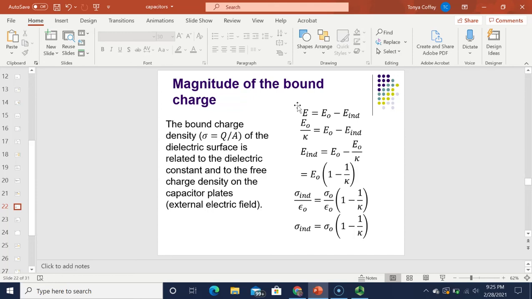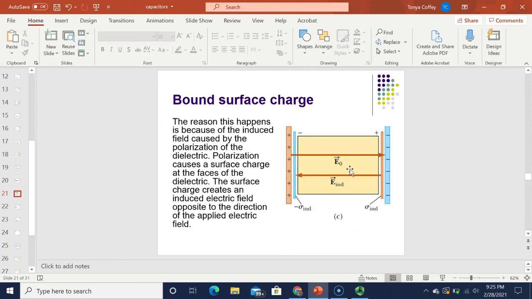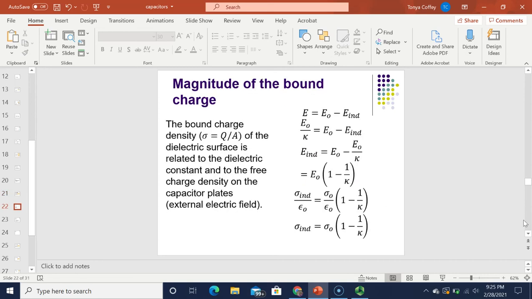We have an electric field that's equal to E naught minus E induced. E naught is the field in between the plates of the capacitor, and the induced field is the field caused by the surface charge. So this is our picture here. The minus sign is because we're taking right as positive and left as negative. Okay, so we have E naught minus E induced.